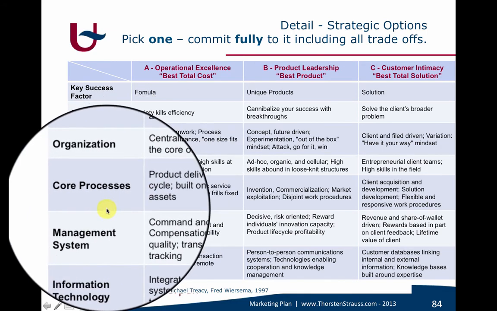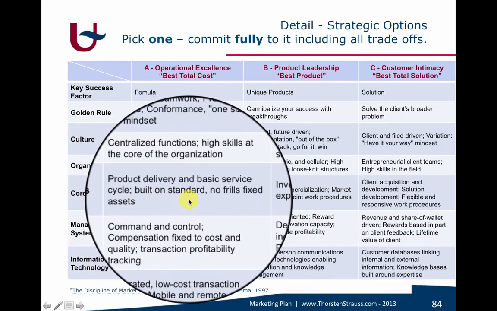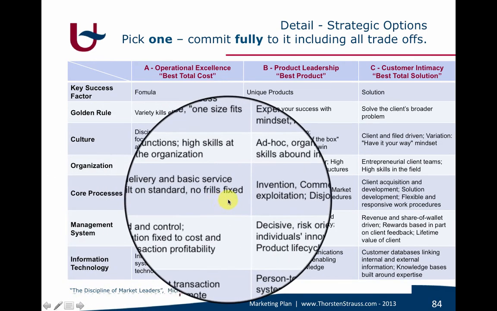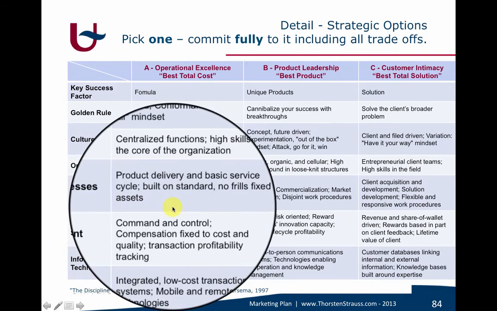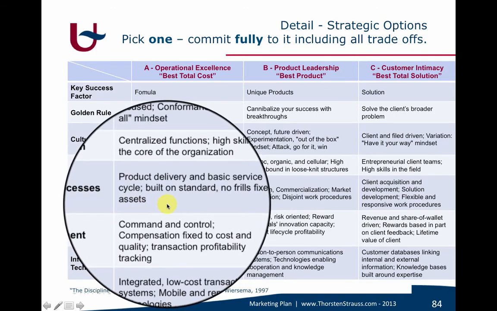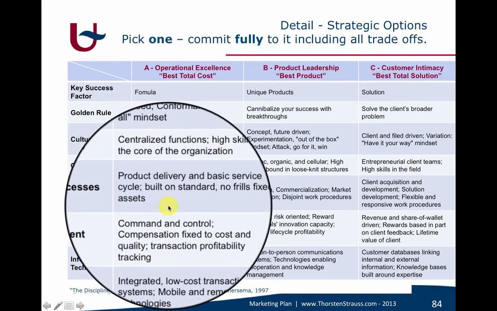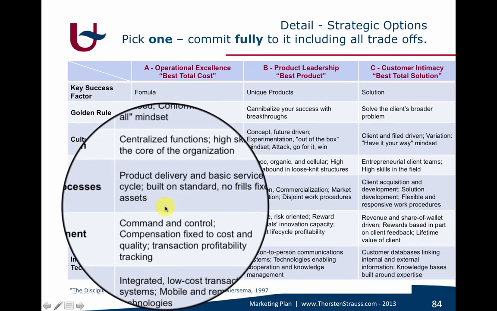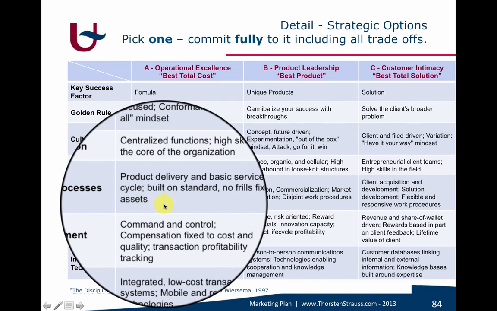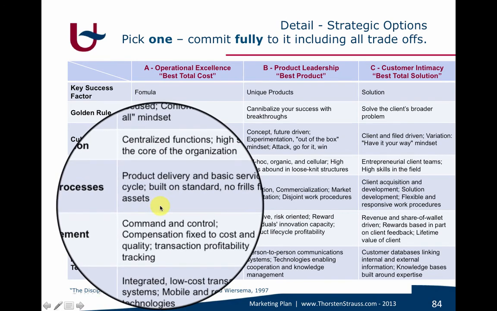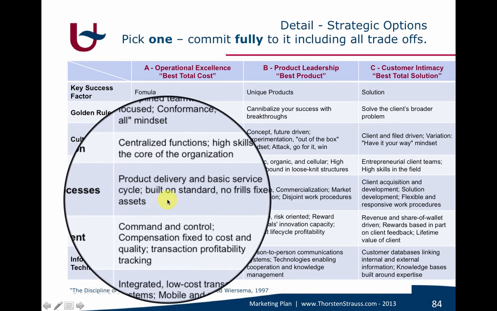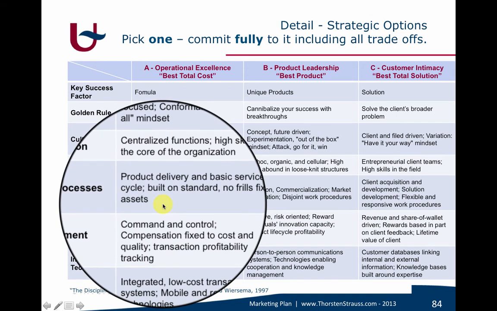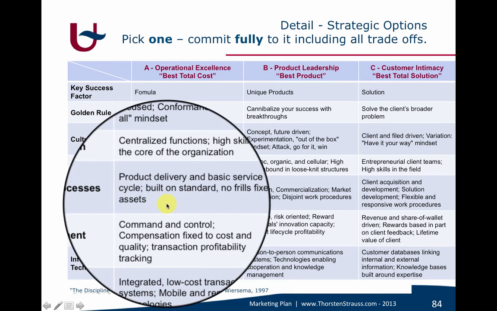That's your core processes built on standard, no thrills, no fixed assets like glorious big conference rooms, very nice architecture in a nice location. No, you're in a countryside where it's cheap, and if you even have a front desk person, usually those companies don't, it's going to be very no thrills.